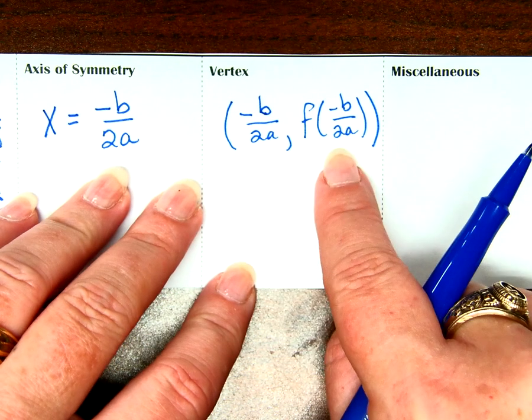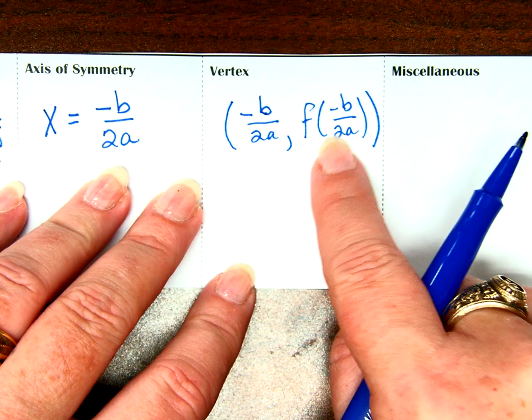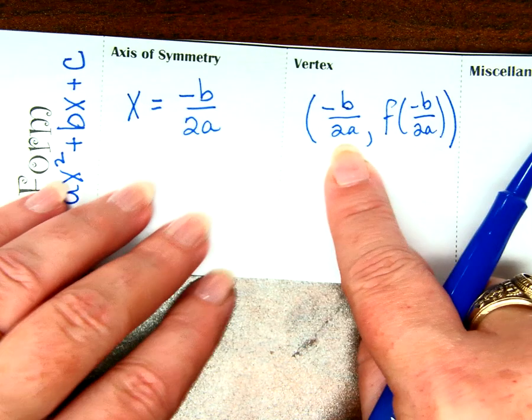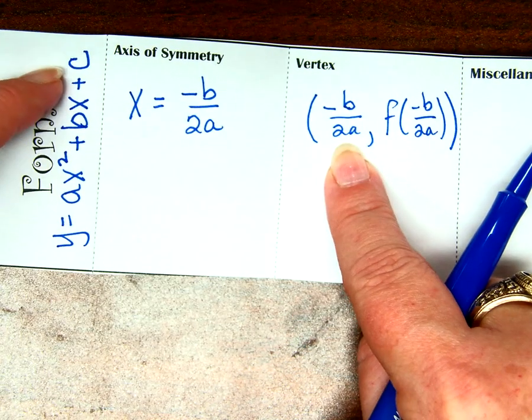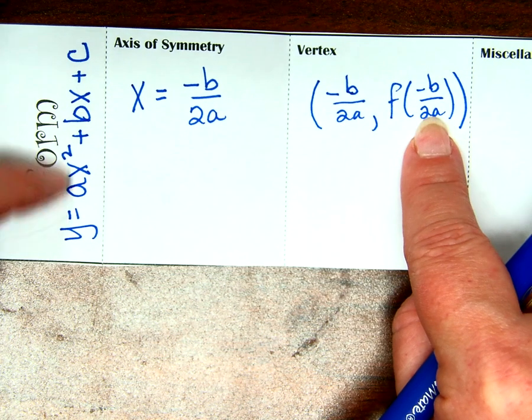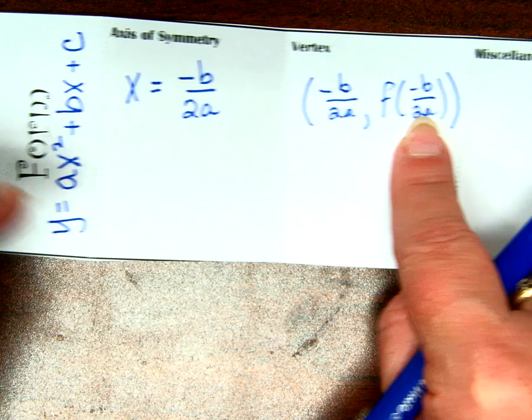Well, how do we get the y coordinate of the vertex? What does this mean? F of that? What do we do with this? Yeah, we plug it in. Whatever we get for our vertex, we find the value of the function at that value. Yeah?